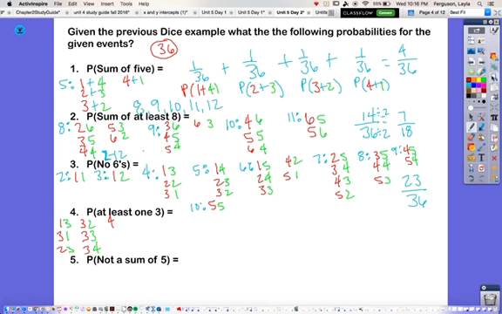And 4 and 3 is good. 5 and 2 is out. For 8, 3 and 5 is good. 5 and 3 is good.